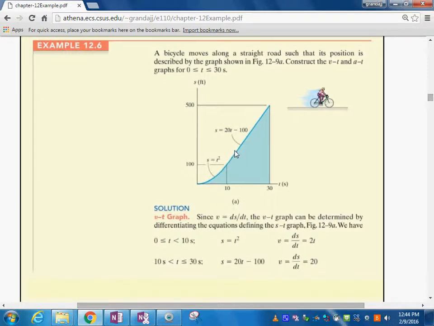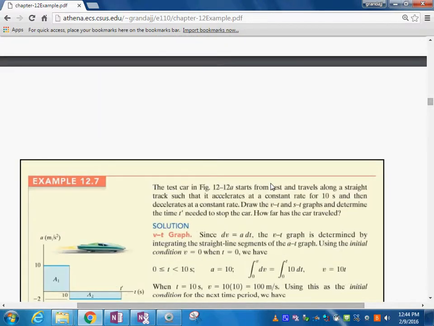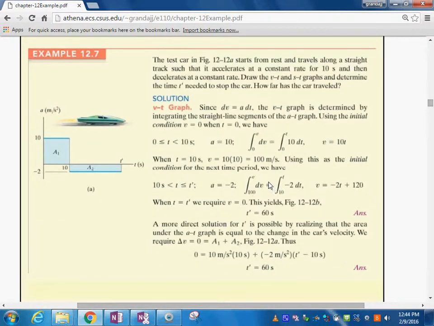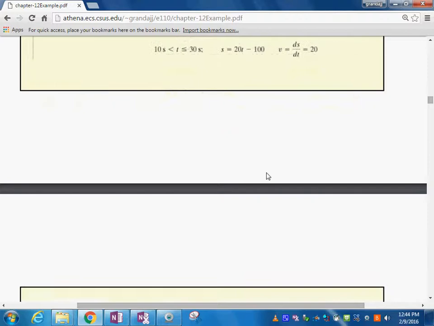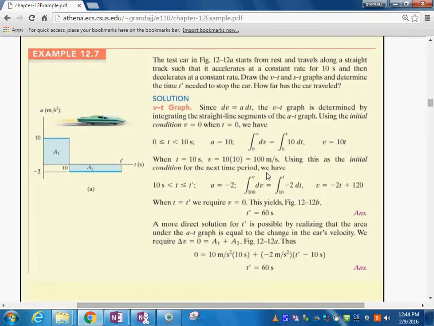Let's take a look at this one. This one has a different kind of situation. In this case, you have in this figure a vehicle that starts from rest and travels along a straight track such that it accelerates at a constant rate of 10 and then decelerates at a constant rate.